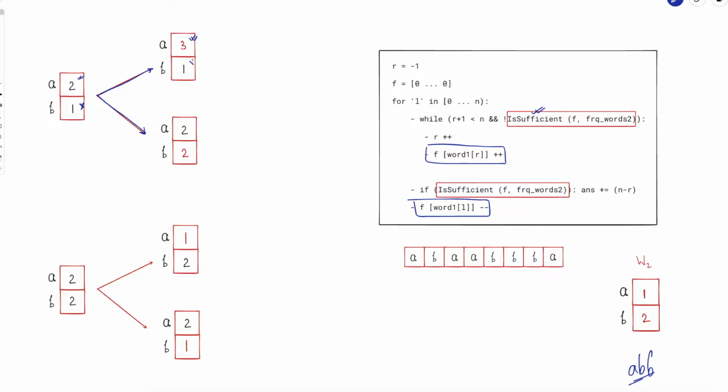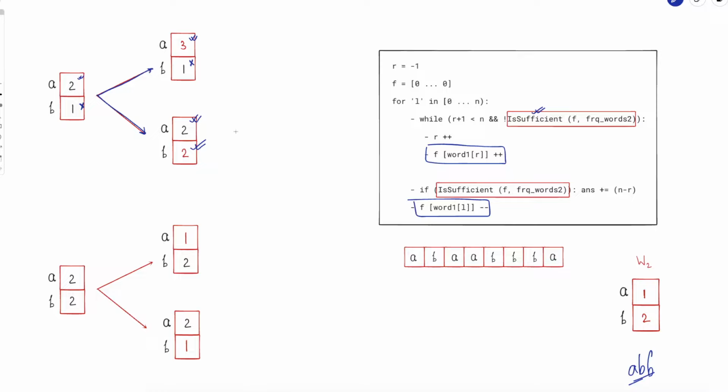So B was not satisfied, so it will remain not satisfied. This will not change because we are not touching B at all. Similarly, if you increment B, A was satisfied, so this will remain satisfied. B was not satisfied, so it will remain not satisfied as well. Sorry, it can change to satisfied or not satisfied depending on the new frequency. The new frequency matches with this one, so it will change to satisfied.